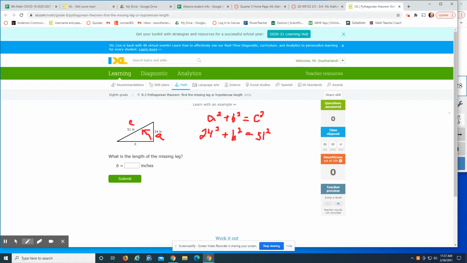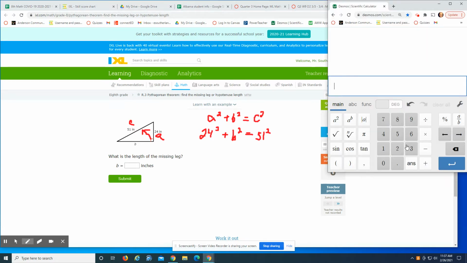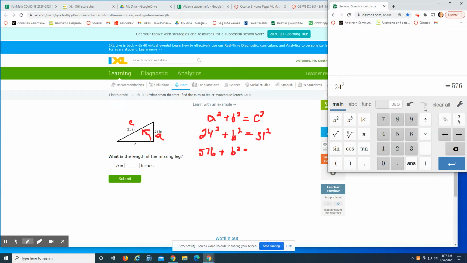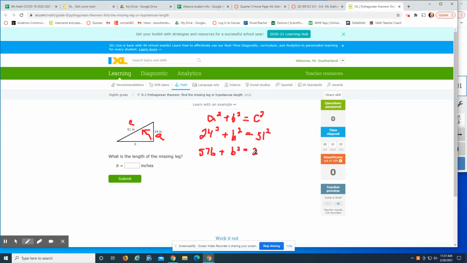And so then we go to our calculator and we simply do 24 squared, comes out to be 576. B squared drops down. Then we need to find out what 51 squared is. It's 2601.